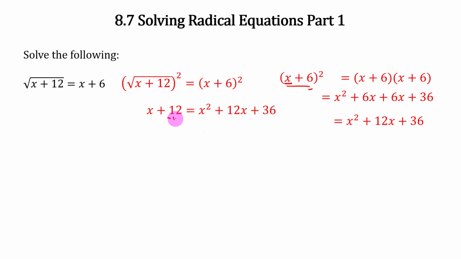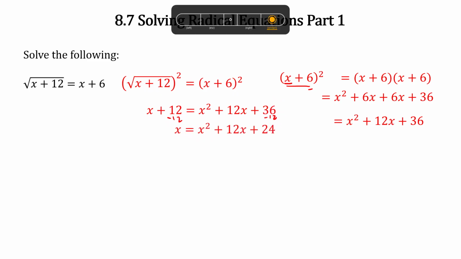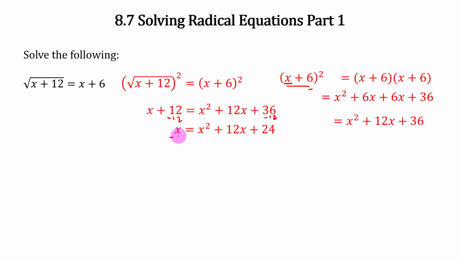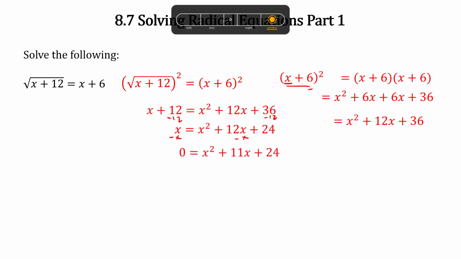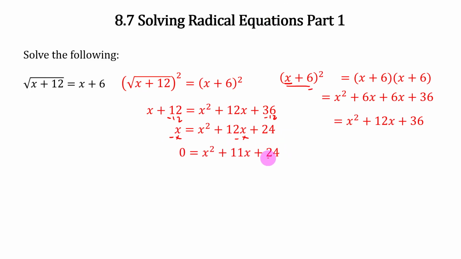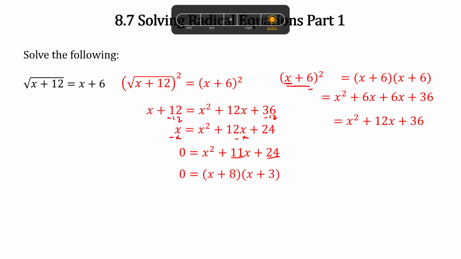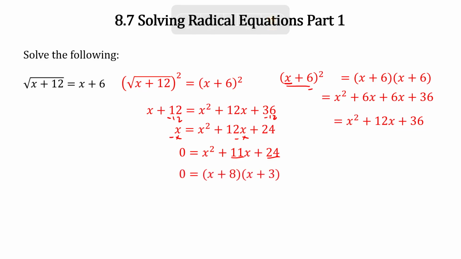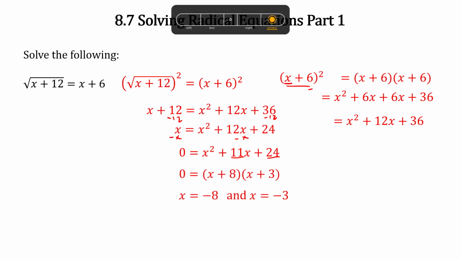Now I'm going to subtract 12. Then I'm going to subtract x. So what multiplies to 24 and adds to 11? It's going to be 8 and 3. So then my two solutions are negative 8 and negative 3.